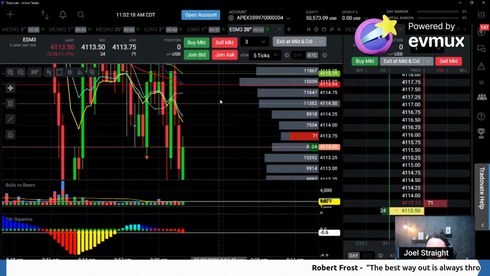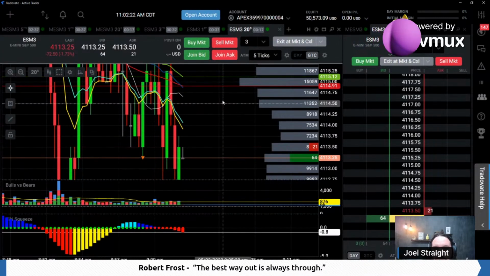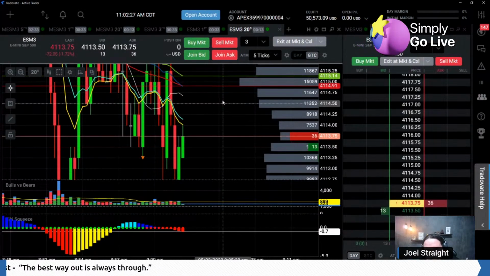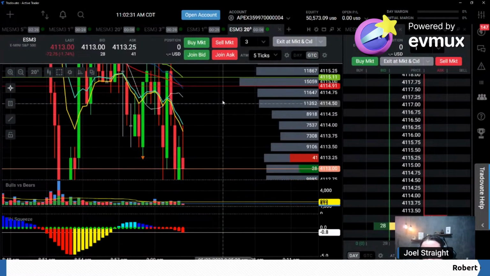The 50 and 200 are basically right next to each other. 14.94 and 15.13. They kind of look like they're actually even getting closer together. 15.13, 14.91. They're only diverged like 20 cents.